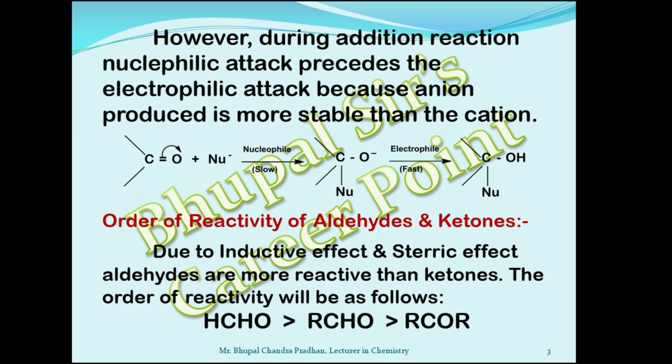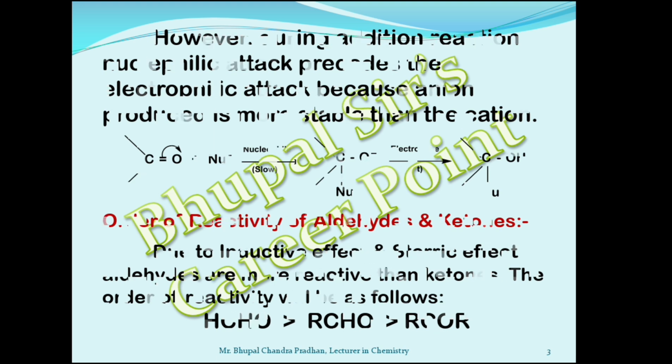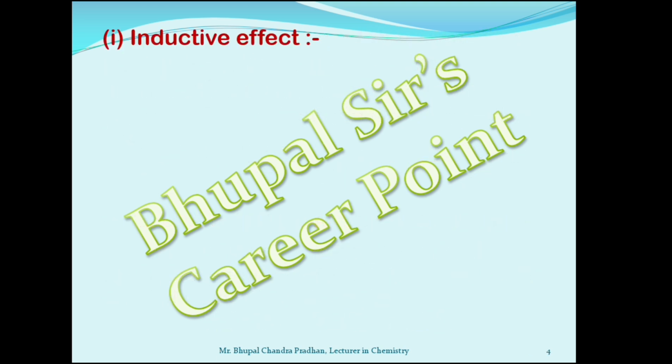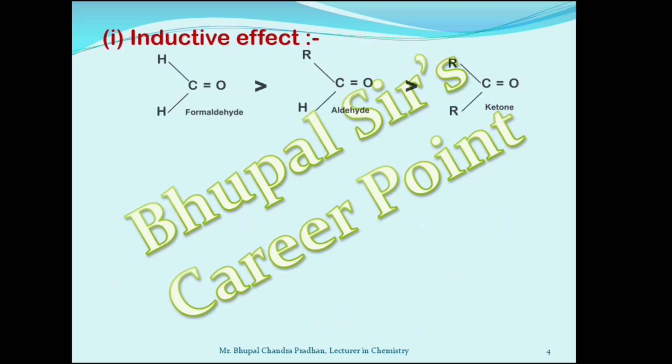Due to inductive effect and steric effect, aldehydes are more reactive than ketones. The order of reactivity will be: formaldehyde is more reactive than aldehyde, which is more reactive than ketone. Now, why? Due to inductive effect. In case of formaldehyde, there is no plus I group at all.